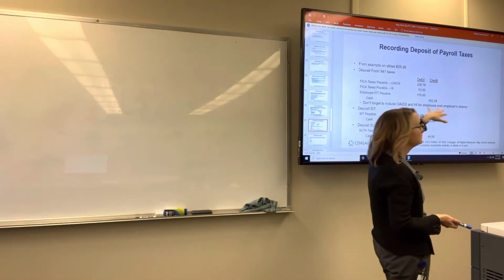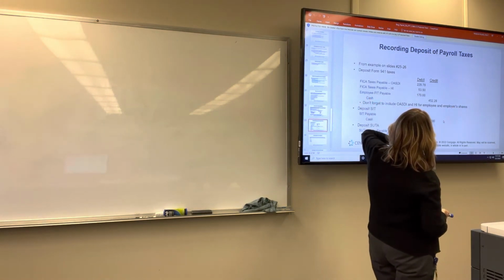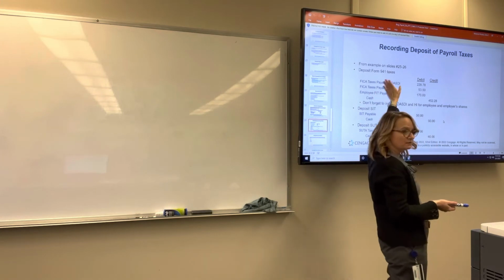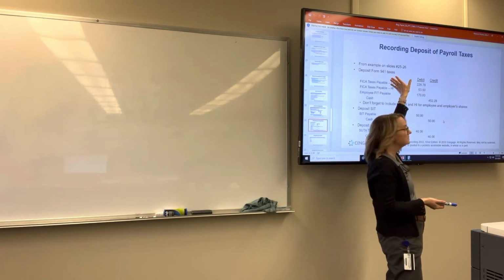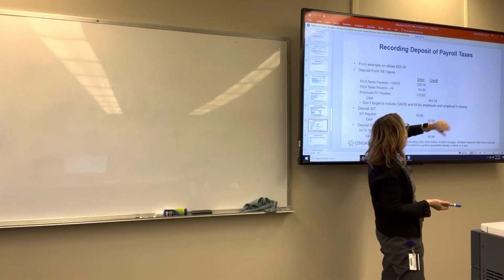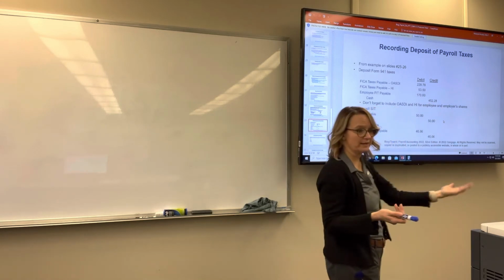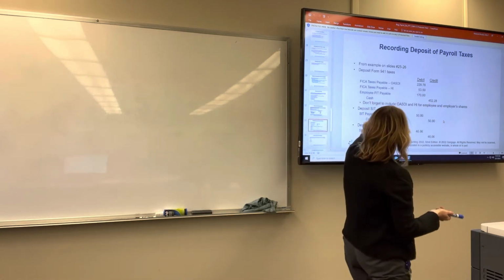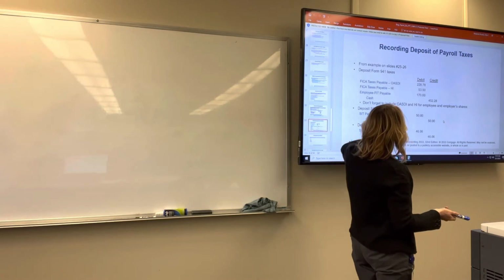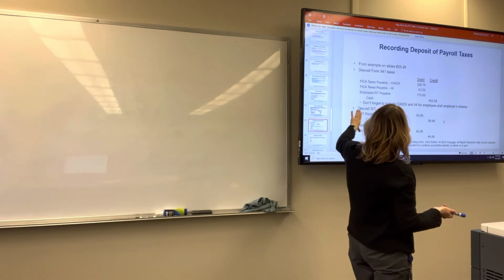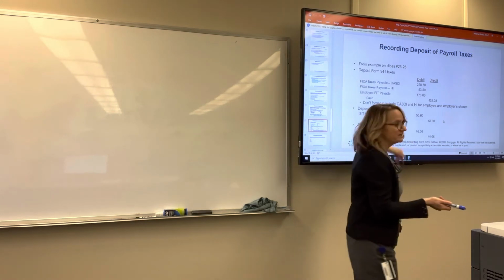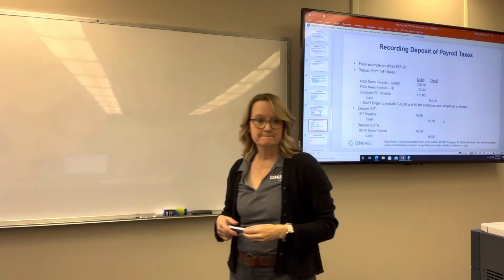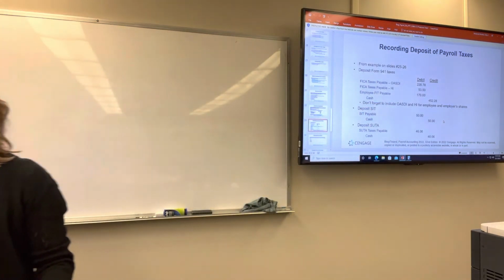So at the point that we actually make that payment, this is what the journal entry is going to look like. We are reversing those liability entries. So now we're debiting them, and we're crediting cash. Cash is going out, so we're going to credit that. Cash is our credit in each of these entries, and in each of these, the debit is a payable account. Okay. Questions about that?